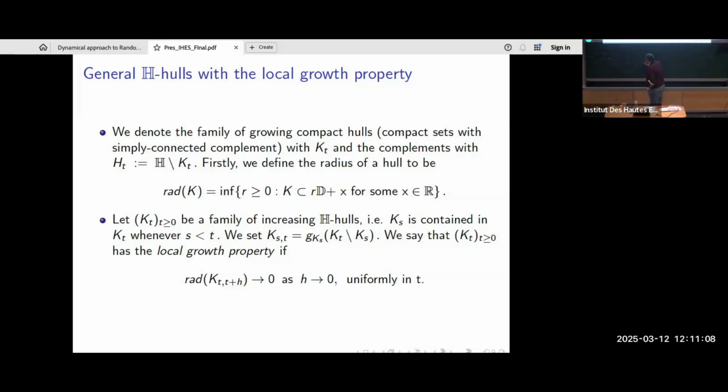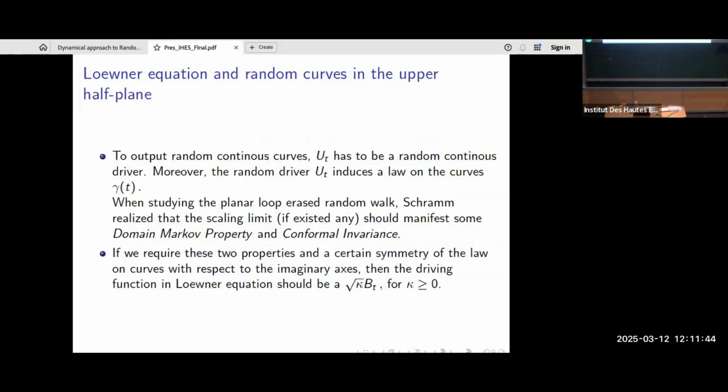It's going to be mapped somewhere, such that this K_st, that is this image, is controlled by this geometric notion, in the sense that if I want a semicircle that surrounds this, the radius of this, K_(t+h), should go to 0 as h goes to 0. It's exactly what we call local growth. It's a geometric way to say that this is locally growing. So this is, in a bit more generality, how this thing works.